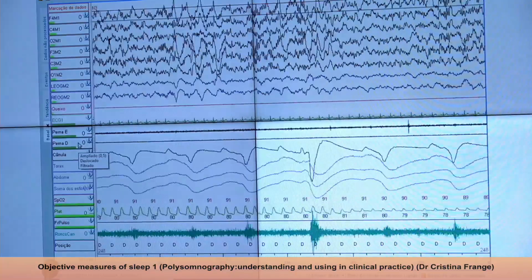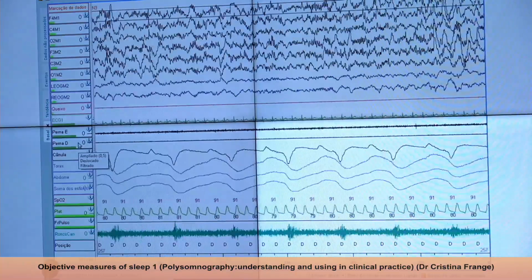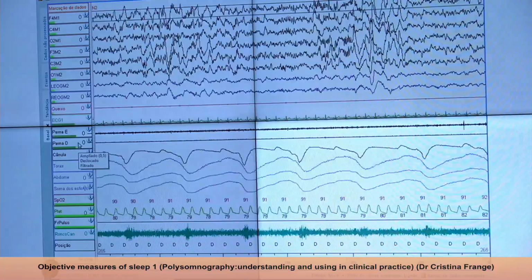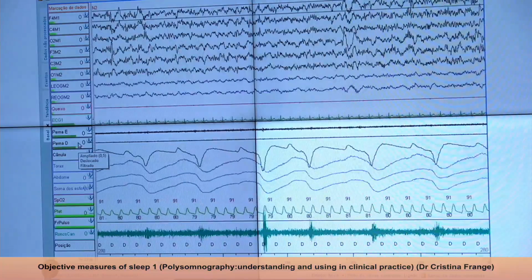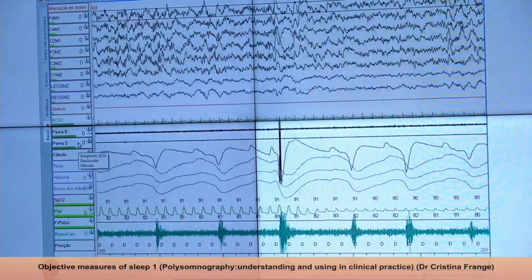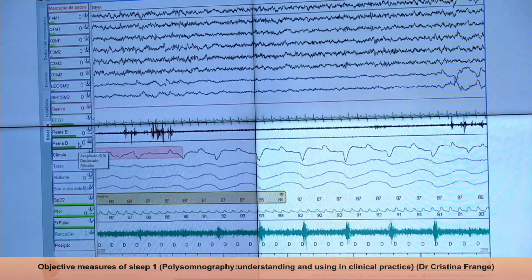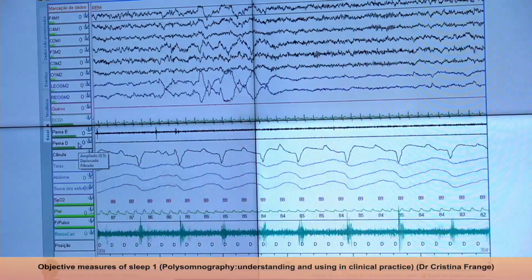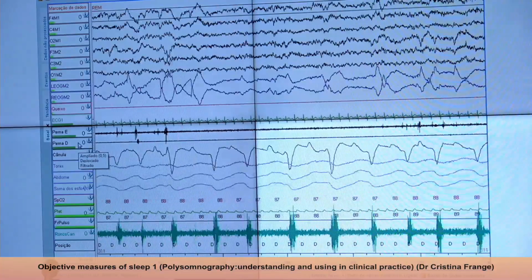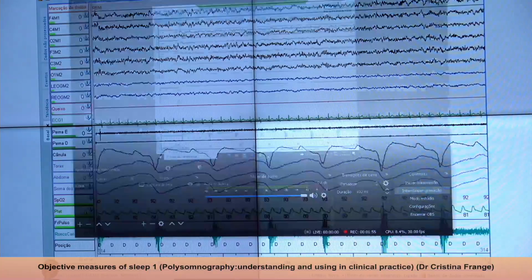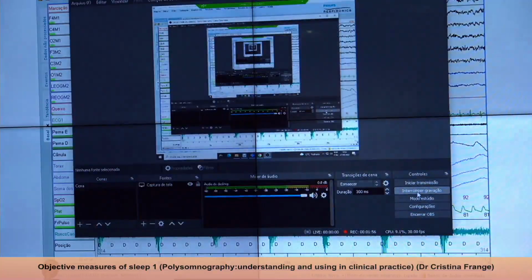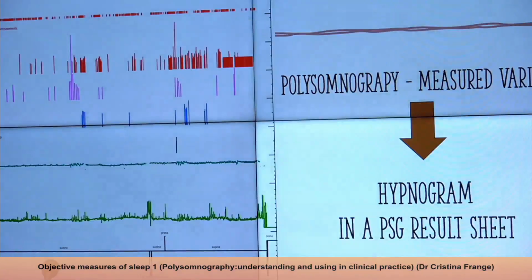But if the legs move just once, then the patient may be just turning or something, okay? So we have specific rules, and they are kind of very complicated, to tell you the truth. Specific rules for each of the events. So I love this PSG examination because we really have a great picture.